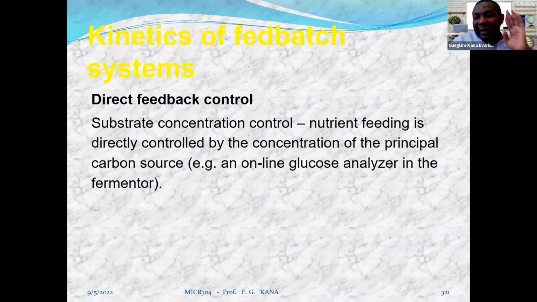We also looked at a direct feeding mechanism in which you monitor the concentration of nutrients in the reactor. Perhaps you monitor the glucose concentration and feed accordingly in order to keep a stable nutrient concentration in the reactor as well.